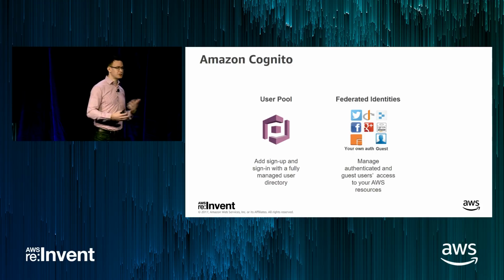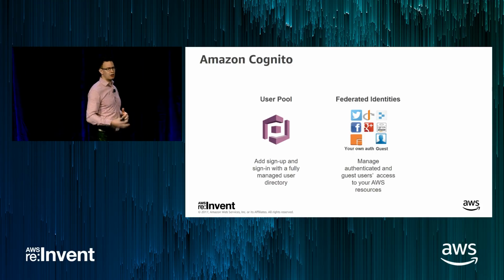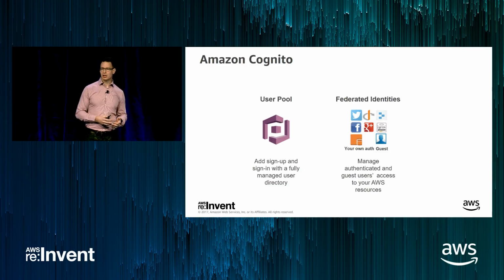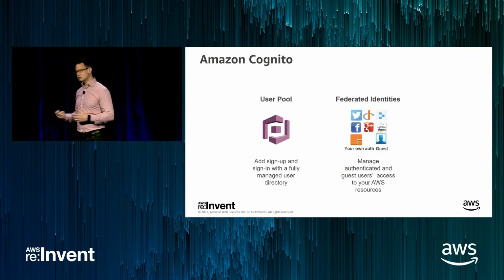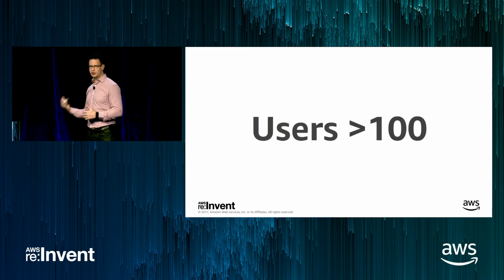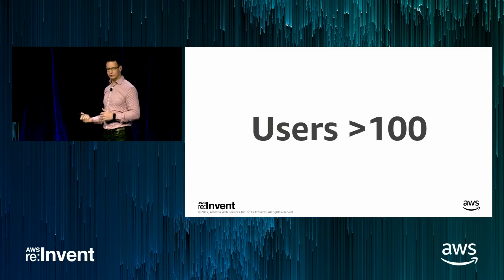It gives you sign up and sign in, multi-factor authentication, a whole range of different features that you'd like to have. It also enables you to use federated identities with popular identity management systems. So that's an option to consider. That's going to start us towards the journey of aspiring to hundreds of users.